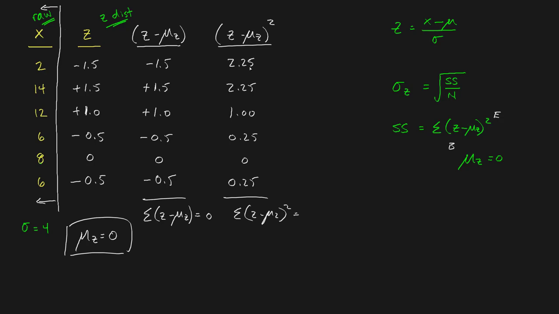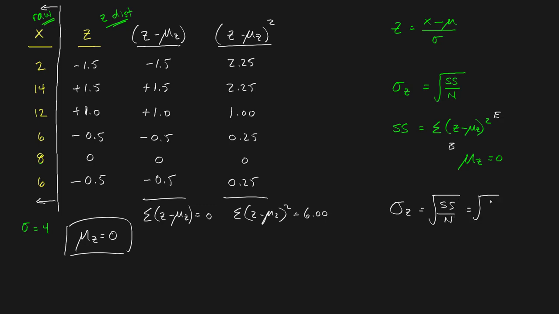So what does this come out to be? Well, let's add them up. 2.25, or rather 2 1/4 plus 2 1/4 makes 4 1/2. This is 5 1/2, 5 3/4, 6. So I've got 6 as my sum of squares. This is the sum of my squared deviations. So I can now find the standard deviation by taking the square root of the sum of squares over n.